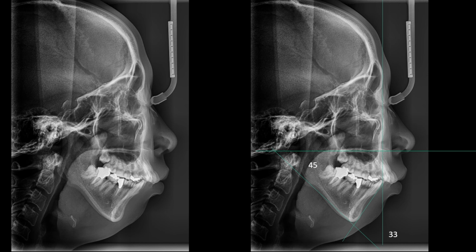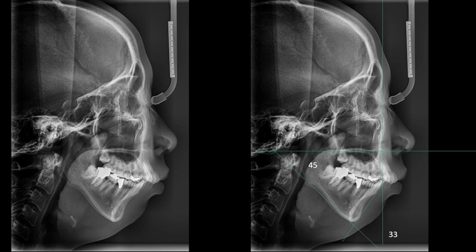So my student, Dr. Park, recommended stripping and aligning, but they rejected that. So the target for this patient is to align and retract the upper teeth with upper extraction. First molar extraction, first premolar extraction, okay?